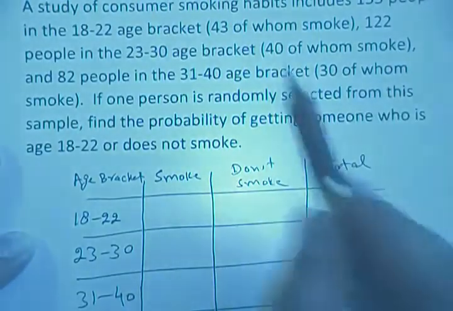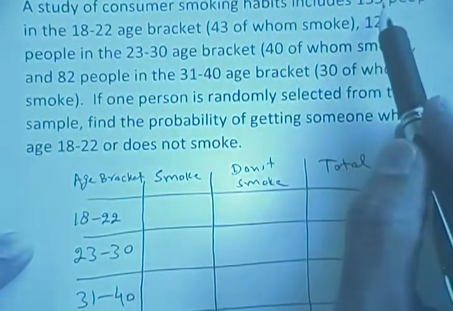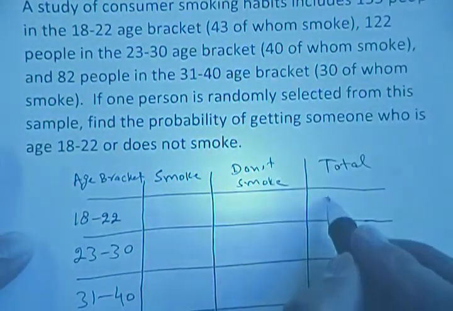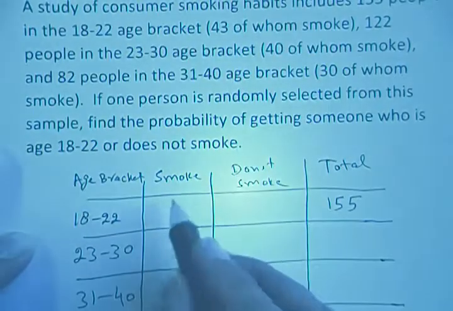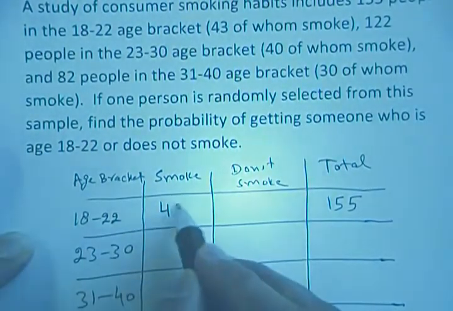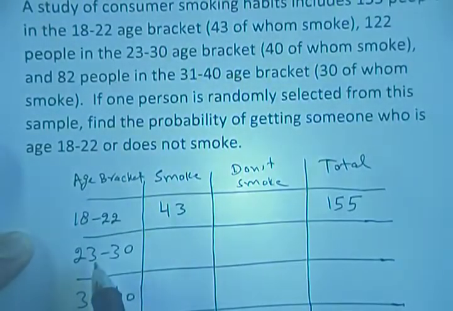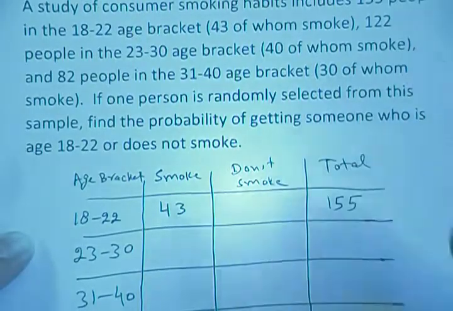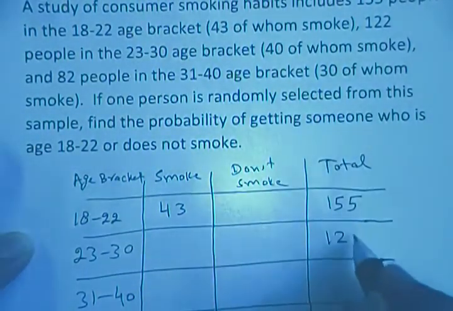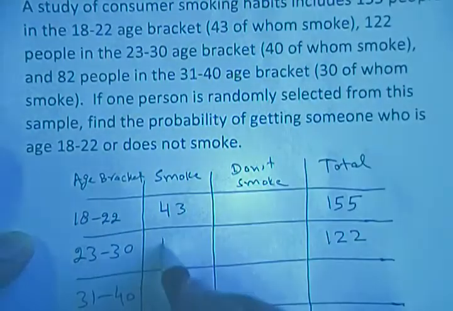And now from this data, see that in the first age bracket 18 to 22, the total people are 155 in this age bracket, and out of 155, 43 smoke. So 43 would go here. And then the second age bracket, the same way as we did in the first. Total are 122 people, and out of 122, 40 smoke, so 40 would go here.